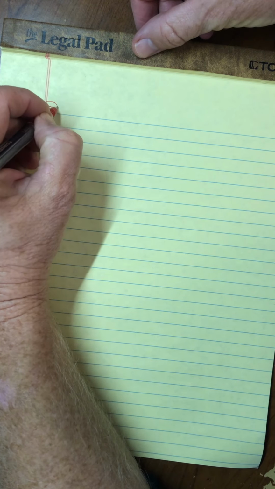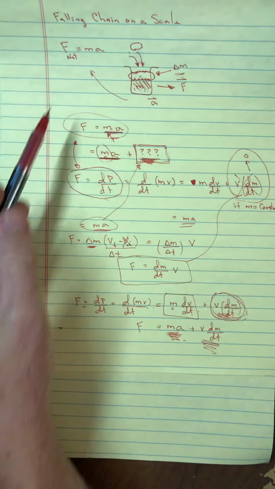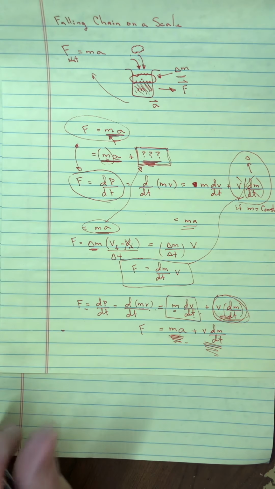Okay, so let's see if finally we can make a little more sense out of equation number 3. And let me see if I can use this whole idea of momentum, since that's what this chapter is really based upon.